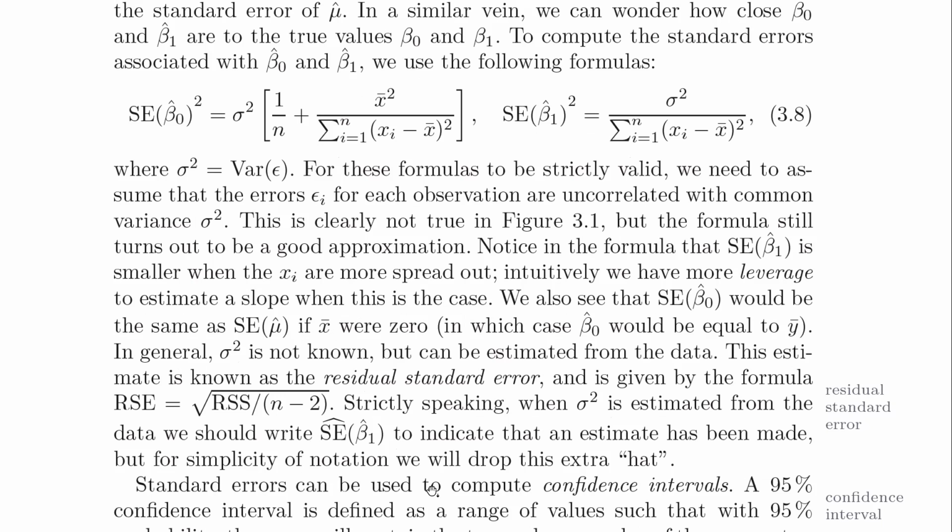I'm not following. If x bar was 0, this wouldn't become 0, though, would it? I don't think so, right? In which case, beta hat naught would be equal to y bar. Not entirely following.